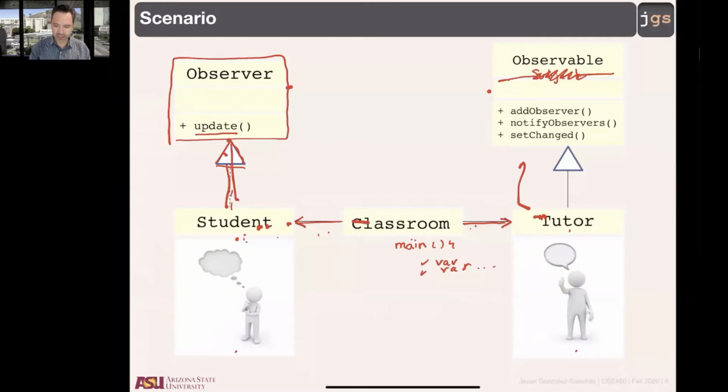So this connection, this one, and this one, and I don't care about what we have above, that is the API. I use Observer, Observable, and that's it. This is my class diagram for applying the Observer pattern with these two classes.